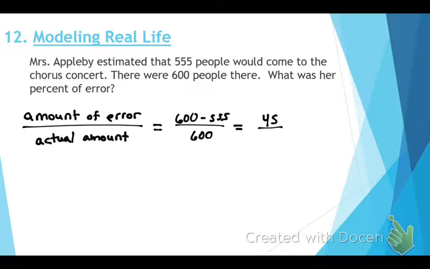So we're going to take that 45 and divide it by 600. When you do that, Nasir, what do you get? 0.075. And Madison, let's turn that into a percentage. Very good.